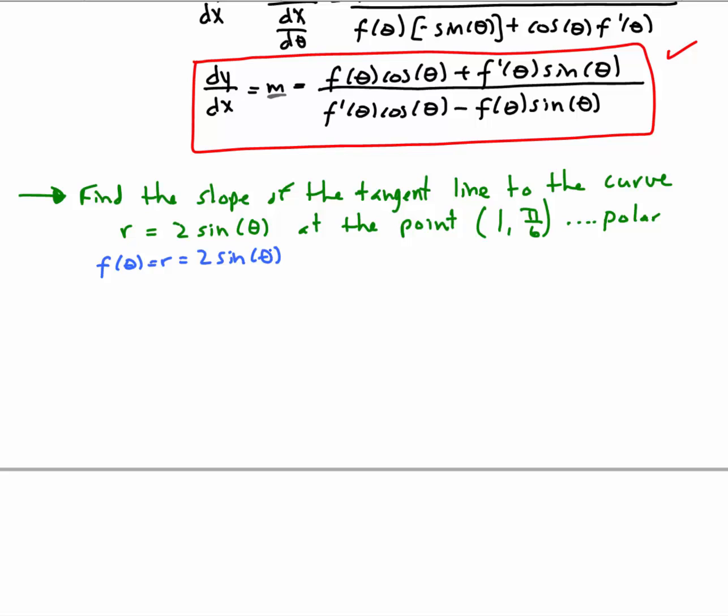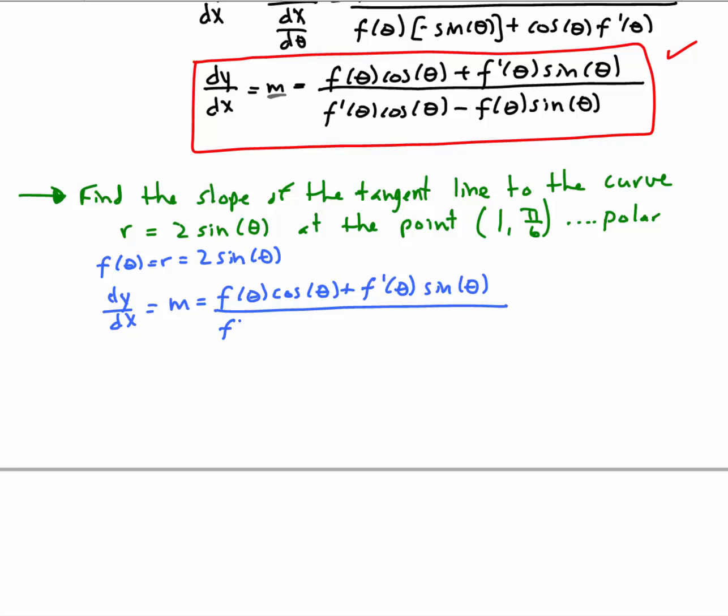Okay, so now we know from our formula up above that dy dx, which of course is my slope, is f of theta cosine of theta plus f prime of theta sine of theta, over f prime of theta cosine of theta minus f of theta sine of theta. So that's my formula. Now I have to actually do the steps of the formula.